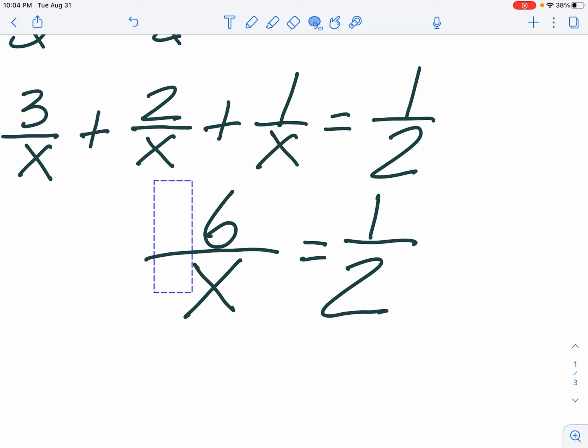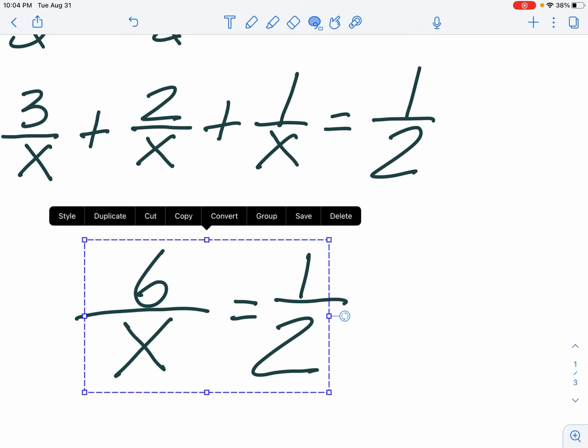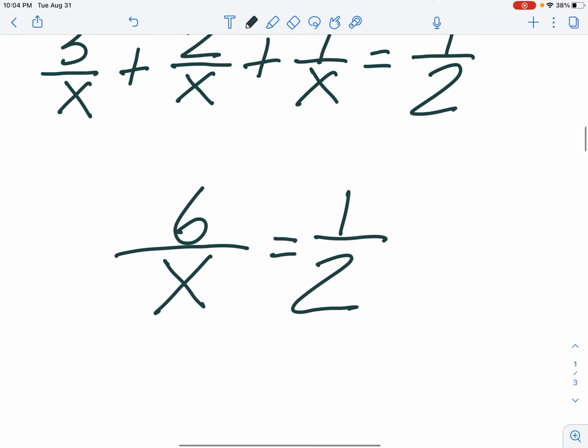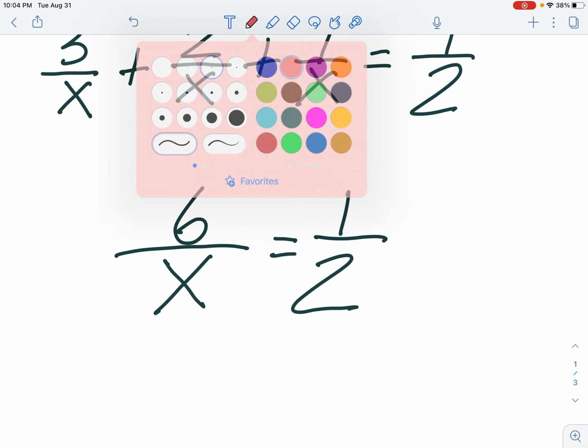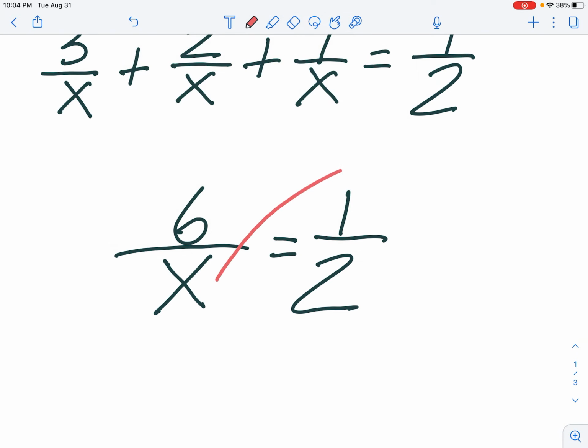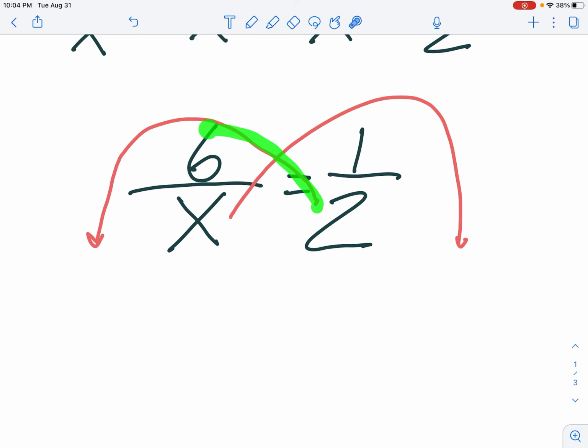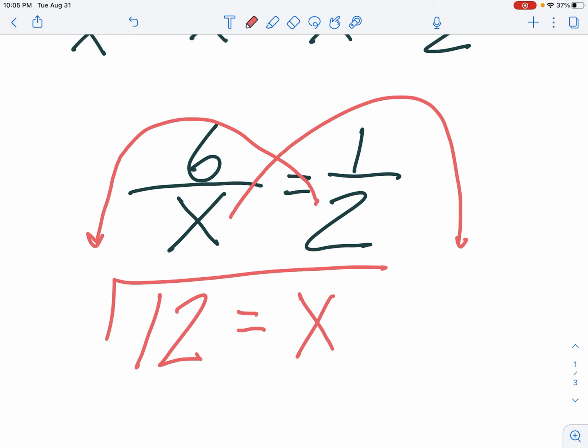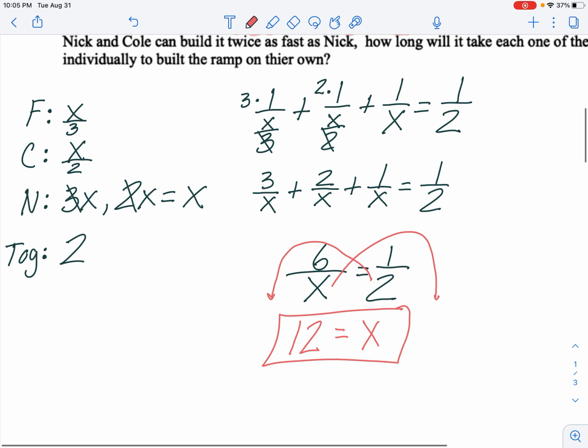Now, let us remember that I have a proportion. And when I have a proportion, kiddos, I can butterfly multiply. x times 1 and 2 times 6. So 2 times 6 is 12, equals x times 1, which is x. Perfect. Look at that. I got my x.